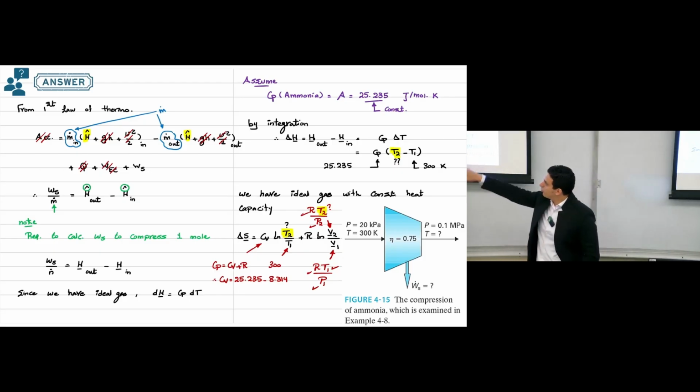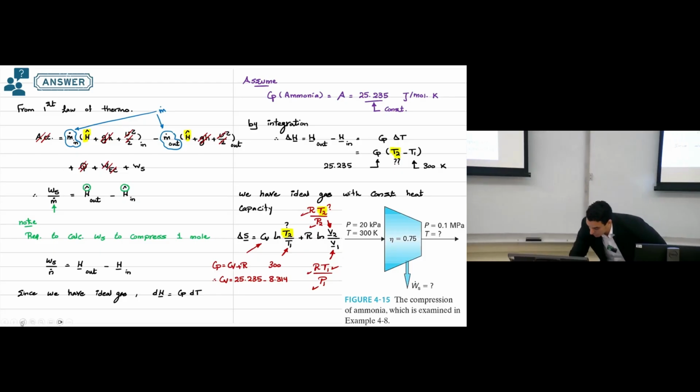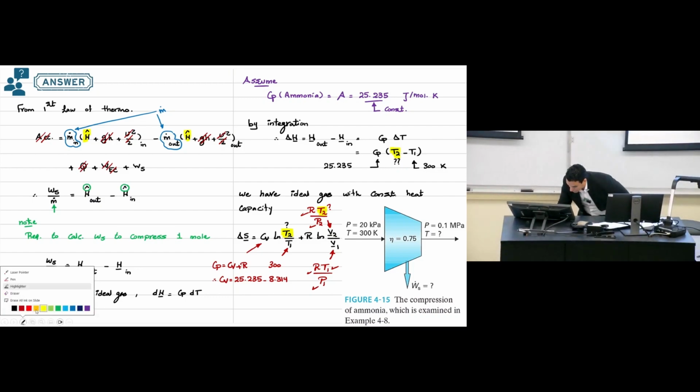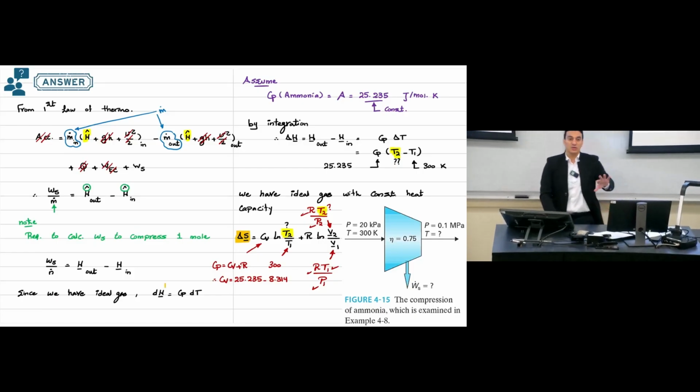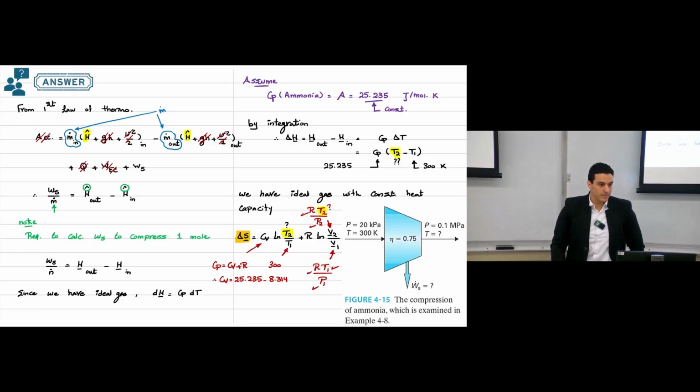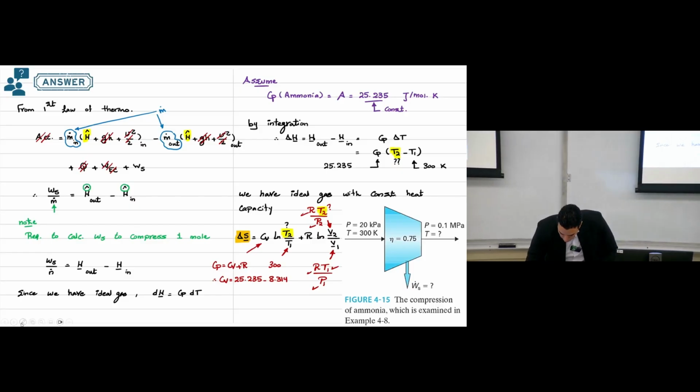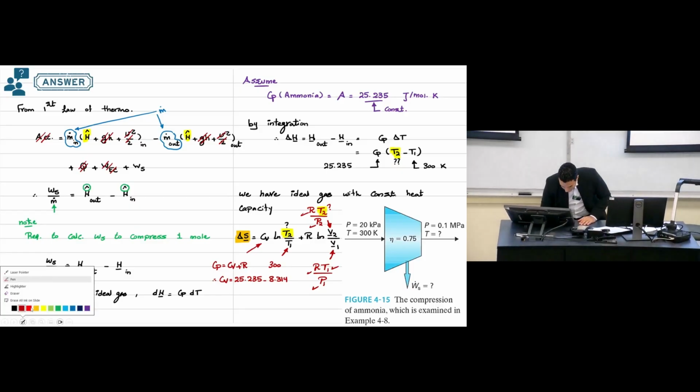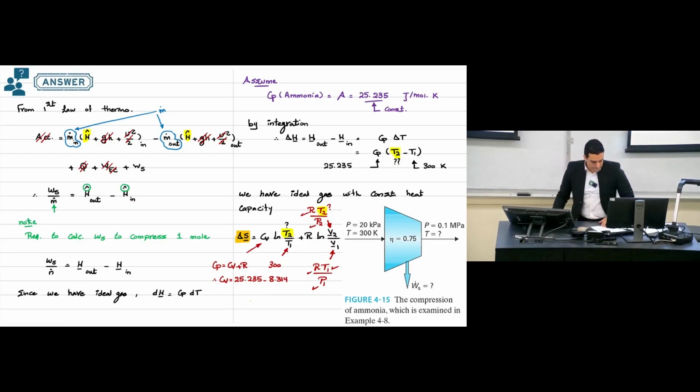But here we have one more thing that is also missing, which is the entropy change. This is also missing. And we have no idea what is the entropy change for this process. But if we assume we have a reversible process.